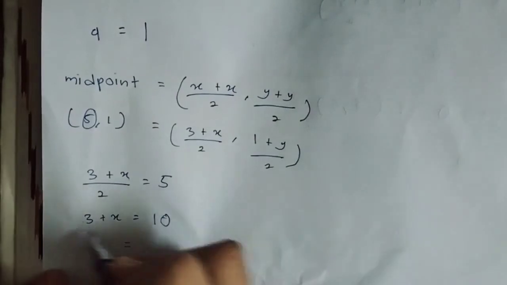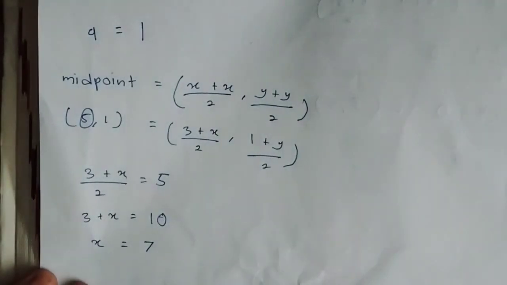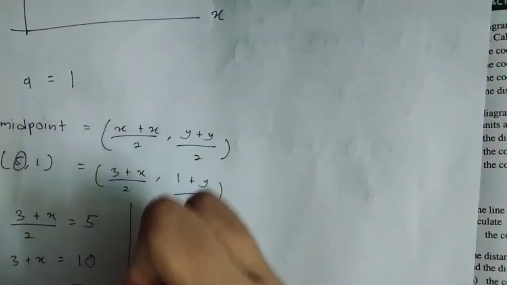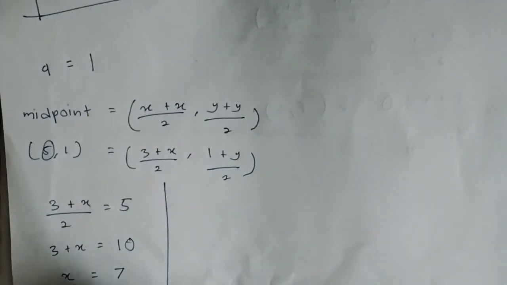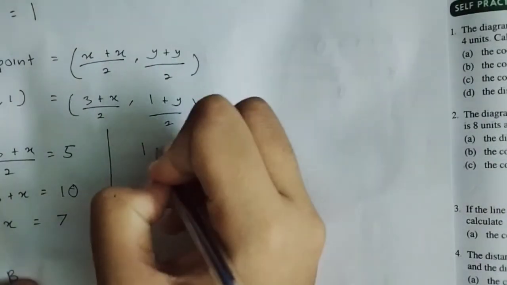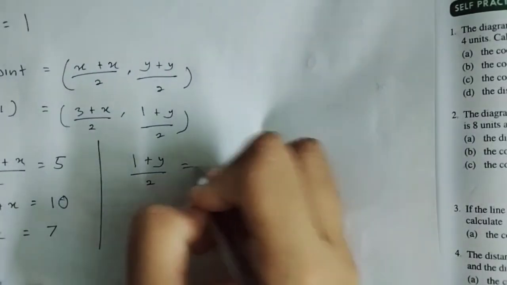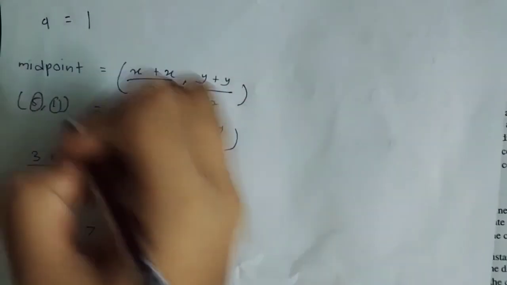So 10 minus 3, we will get 7. 1 plus y over 2 equal to 1.